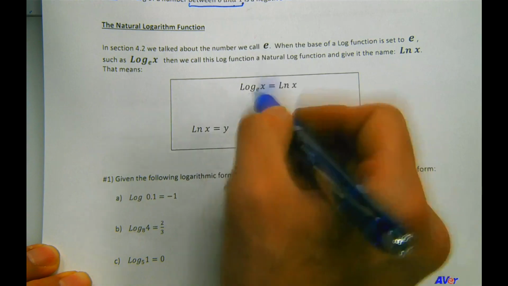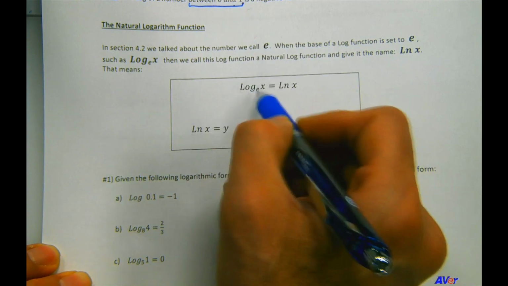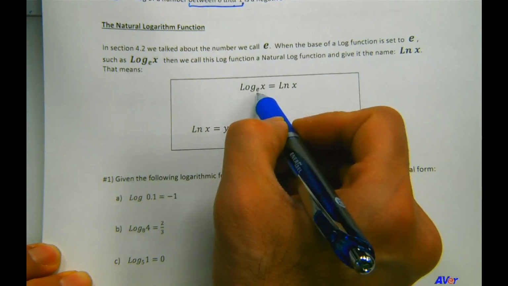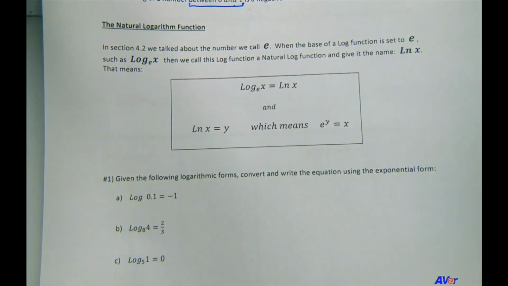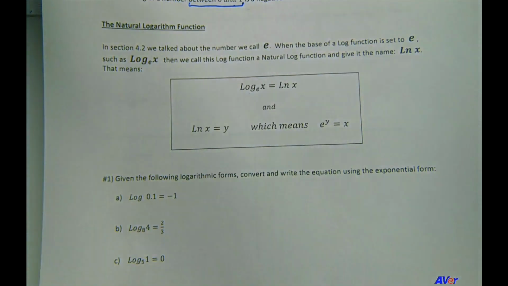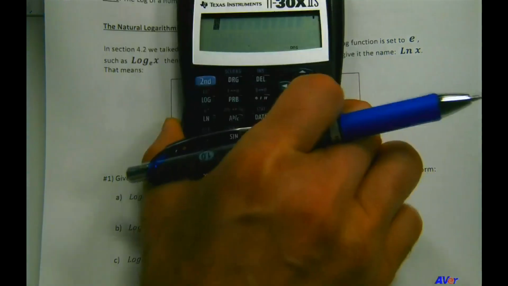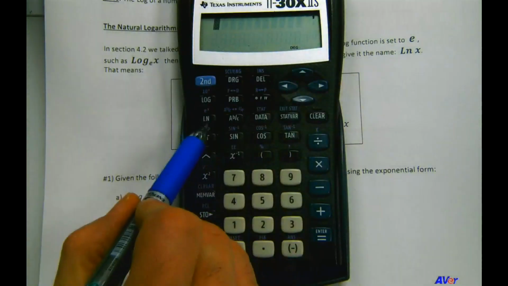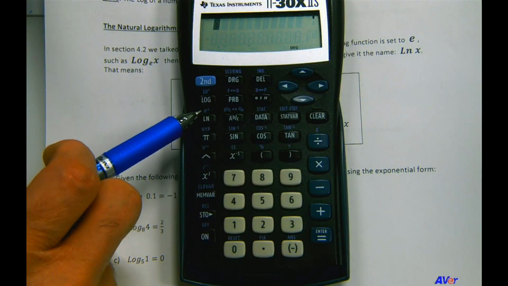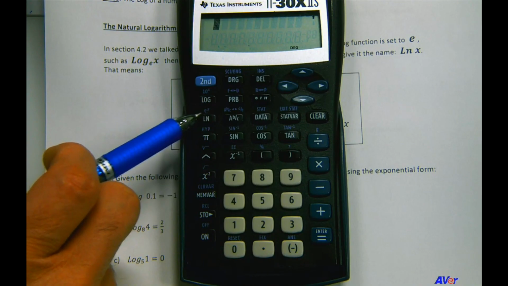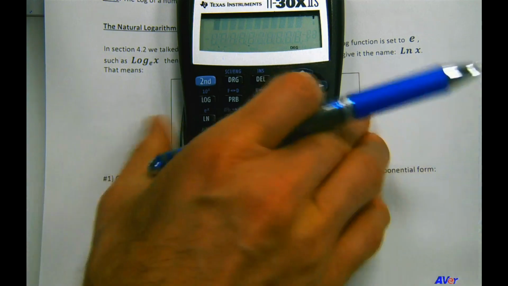This is such an important function that it has its own button on the calculator. So we have natural log, ln, and right above it is that blue e to the x function, the natural exponential function, which we used in the previous video.